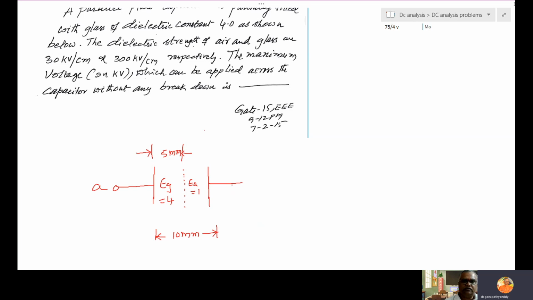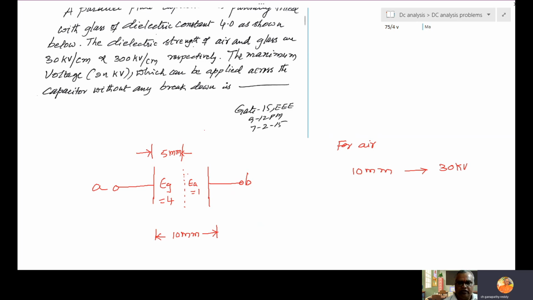So this is A, this is B. Now these capacitors are connected in series, not parallel. So this is already given in the problem. For air, 1 centimeter means 10 mm is 30 kV.